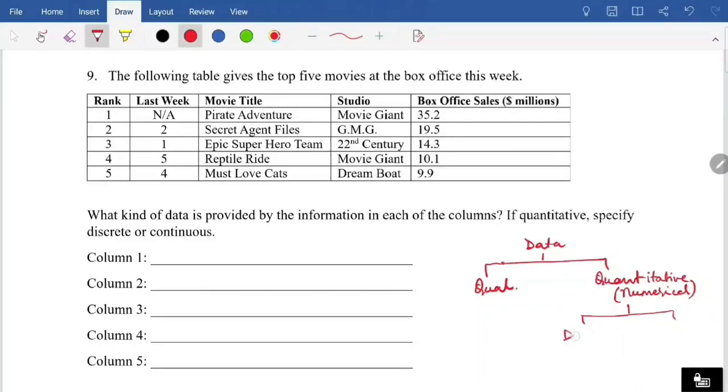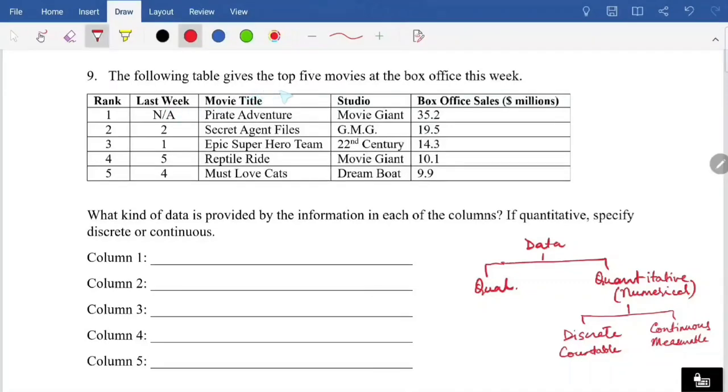One is discrete data, which is also countable data. Anything that you can count is discrete quantitative data. Anything that you measure is called continuous. That means it'll come in the form of decimals, all right? Continuous, it's measurable data. All right, so based on that, let's look at this question and they're asking us basically to identify what each kind of data is in this table.